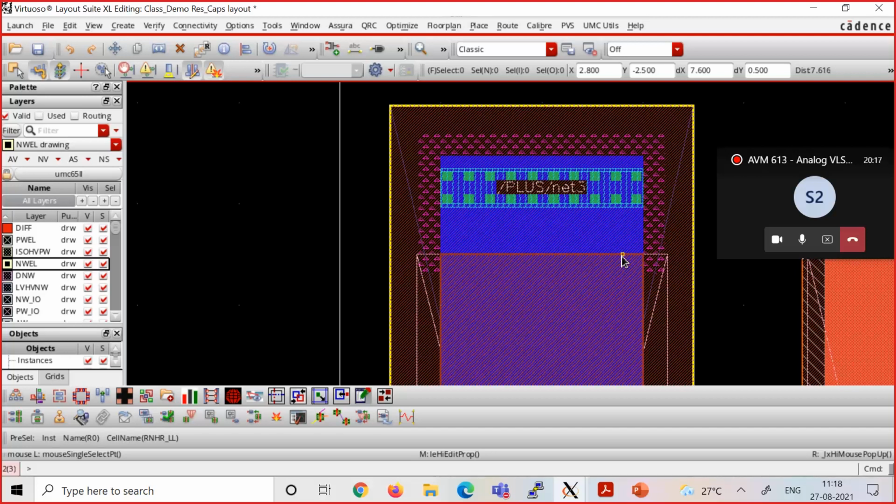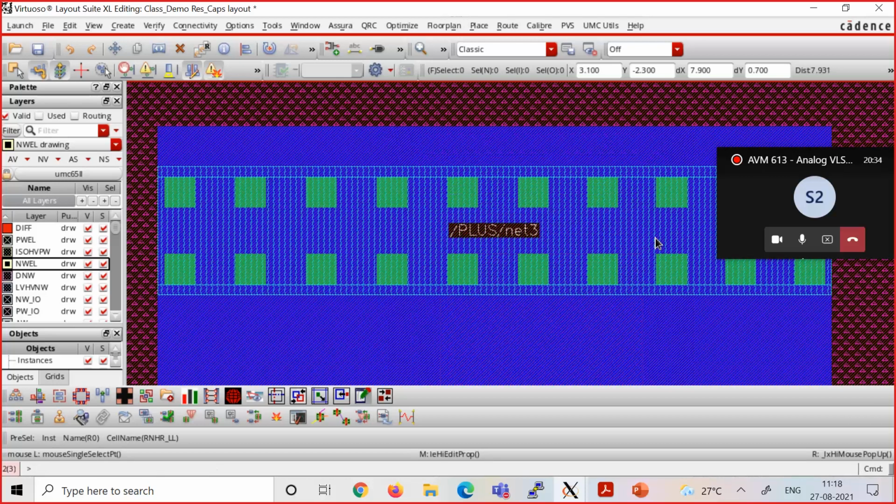For that, they have extended here and put multiple contacts. You can see all these squares here. So it is like 3, 6, 9, so 10 by 2, 20 contacts have been put here, right? These contacts make contact with this metal 1 layer, that is the wiggly line that you see here.